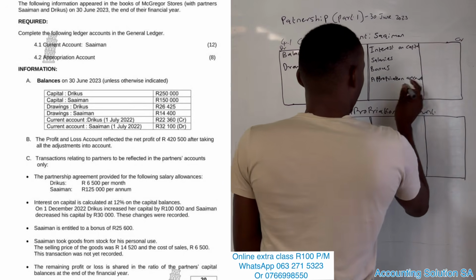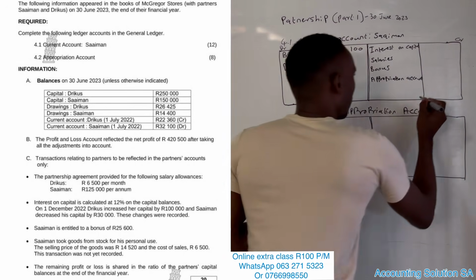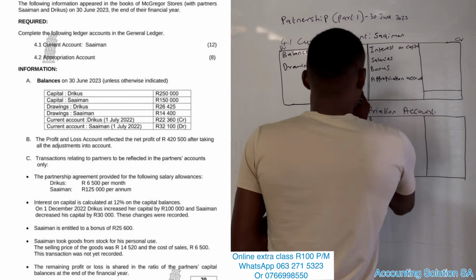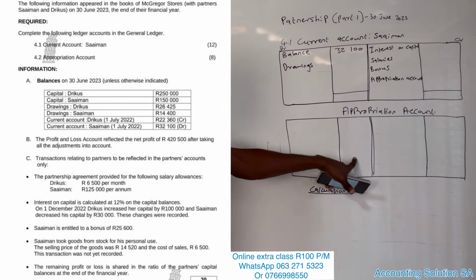This one we are going to get from the appropriation account. After that we will see which side is higher, then we do the balancing figure. This is not the balancing figure, but we are going to get it here.